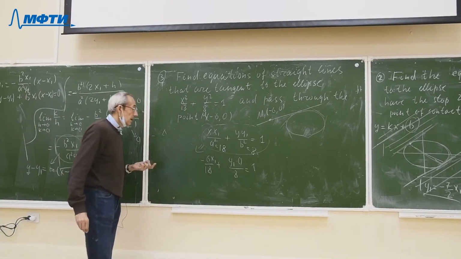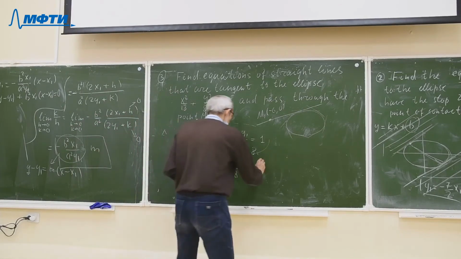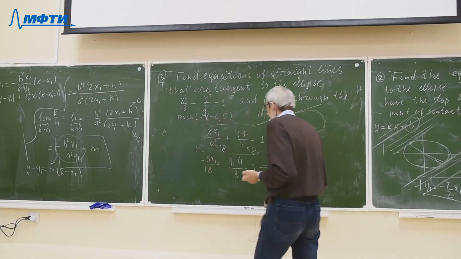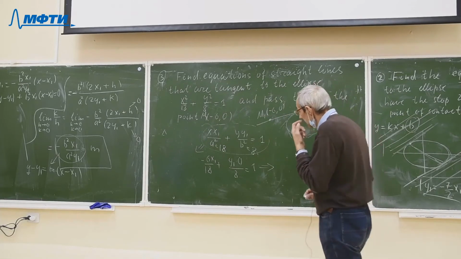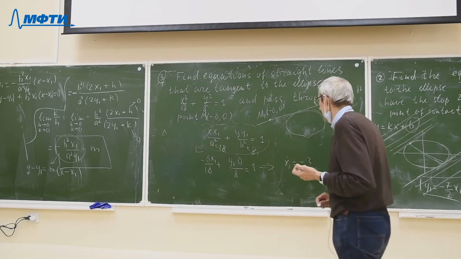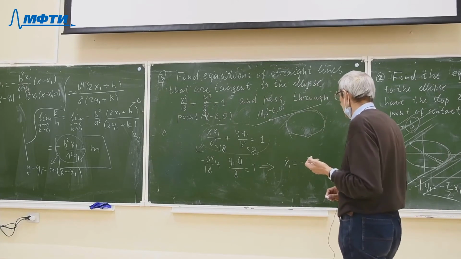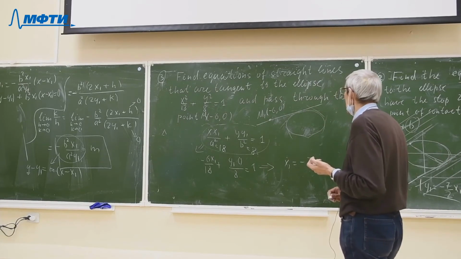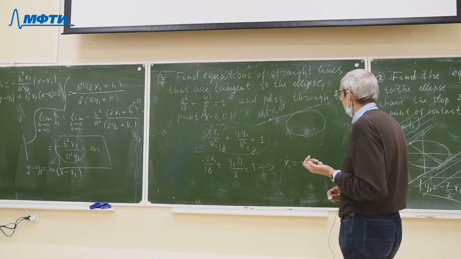Easy to see that from this equation we obtain that x1 is equal to -3.